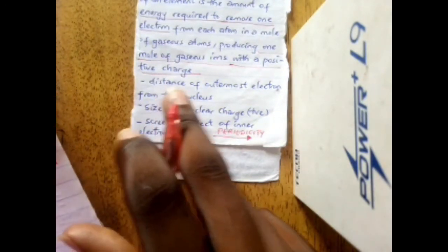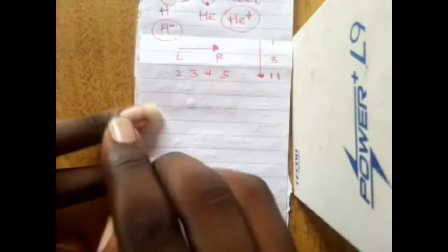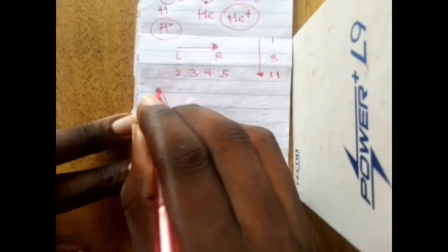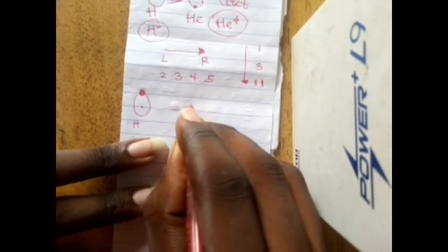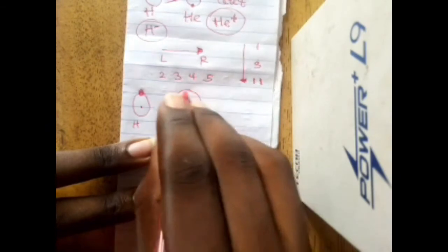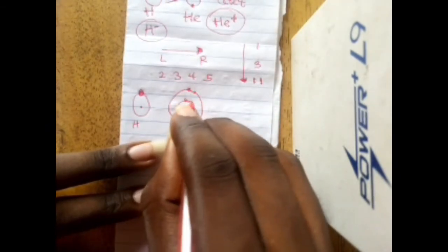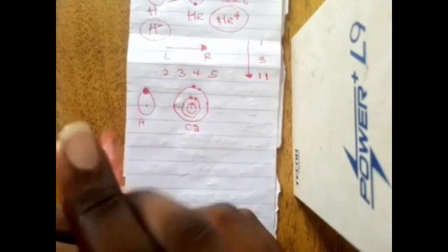When you say it depends on the distance of the outermost electron, okay, you have hydrogen now, and you have another element. Let's see, this is another element with electrons filled, and let's say this is calcium now, 20 electrons.